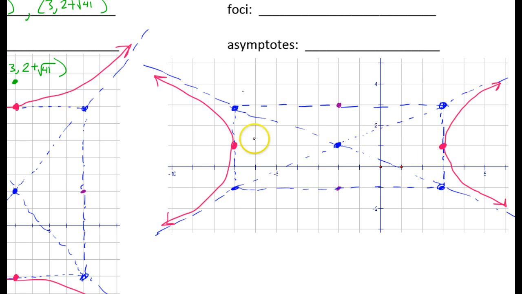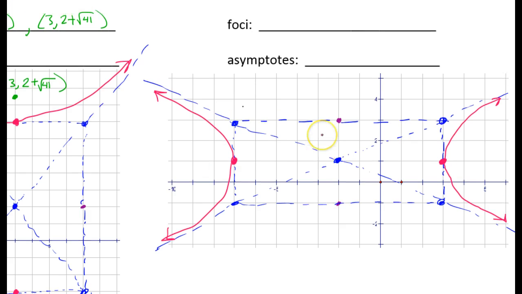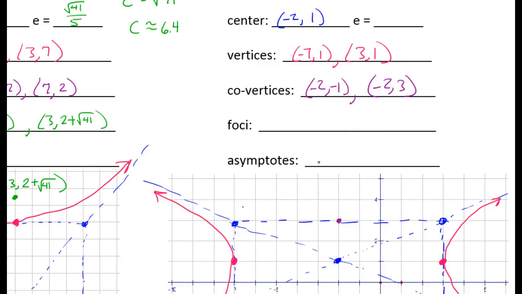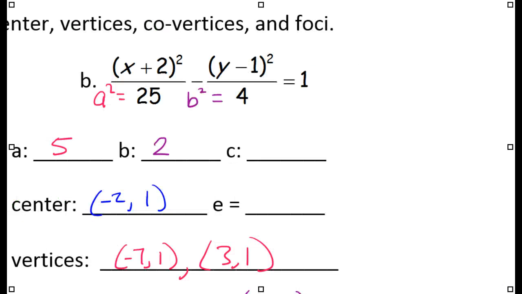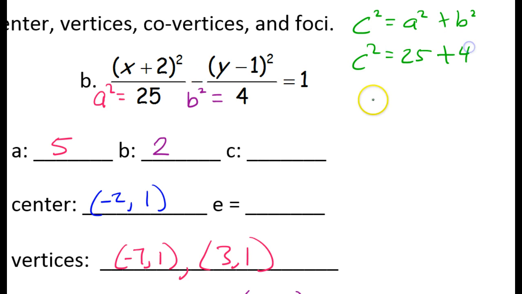Let's go ahead and find the foci, which should be floating in the interior of these branches. We're going to need the c value for that. For hyperbolas, we know that c squared is equal to a squared plus b squared. So c squared is equal to 25 plus 4, so c squared is equal to 29. So c is equal to the square root of 29.